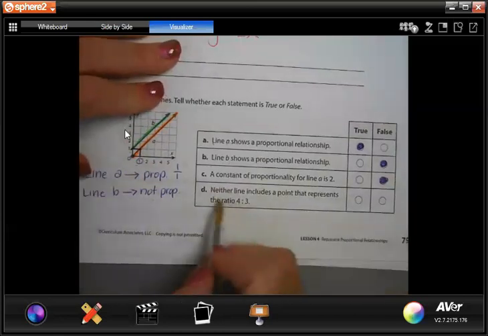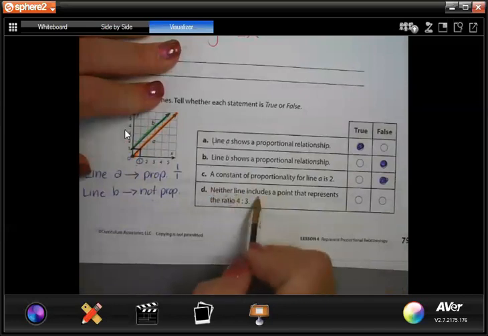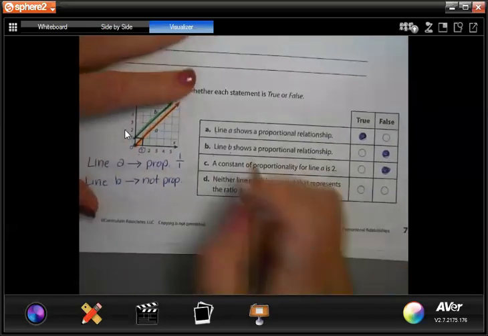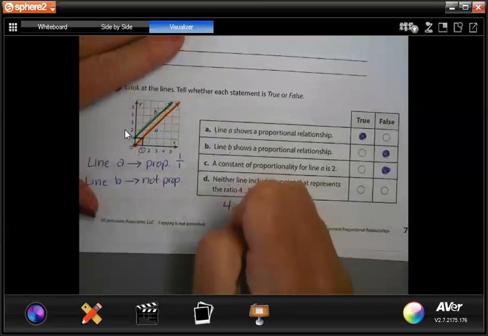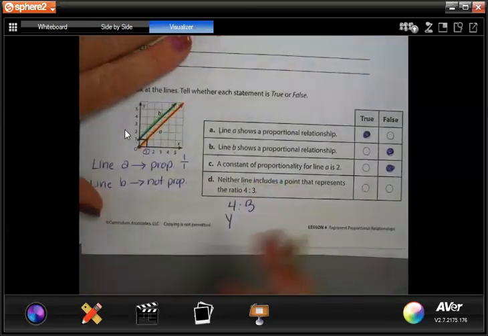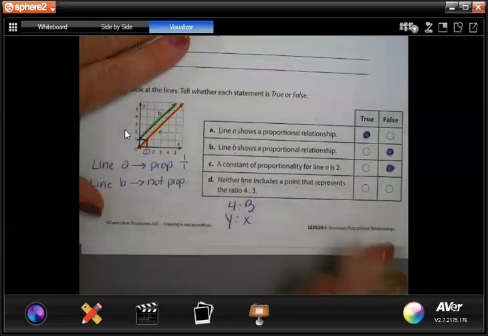D, neither line includes a point that represents the ratio of 4 to 3. This is a big one. When we do a ratio of 4 to 3, this is my y value and this is my x value.